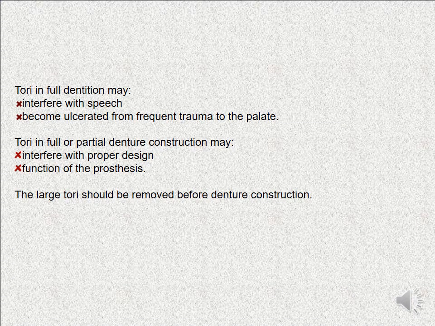Tori with a full denture can interfere with speech and become ulcerated from frequent trauma to the palate. Tori in full or partial denture construction may interfere with the proper design and function of the prosthesis. Large tori should be removed before denture construction.